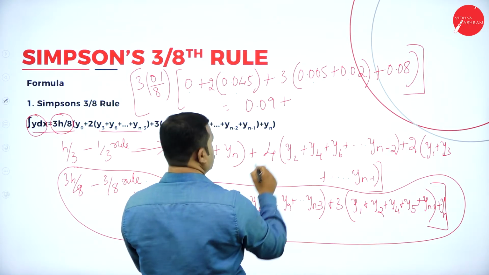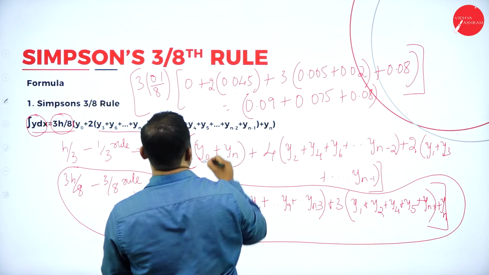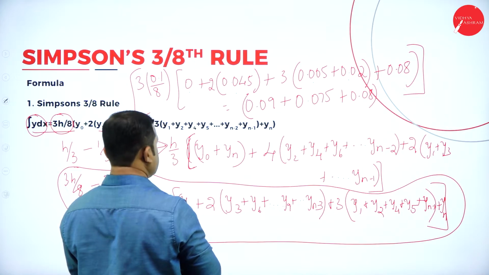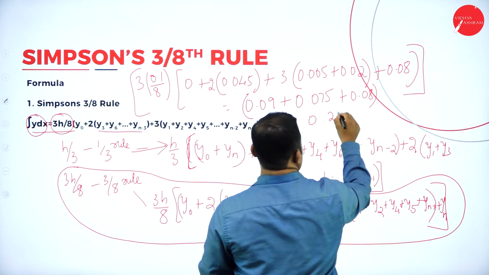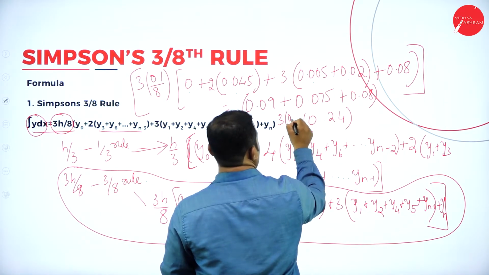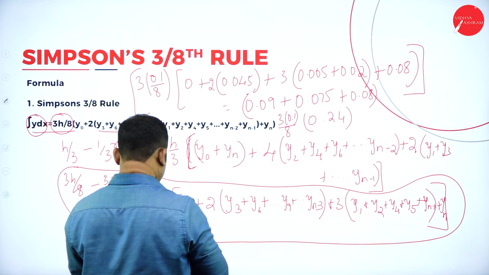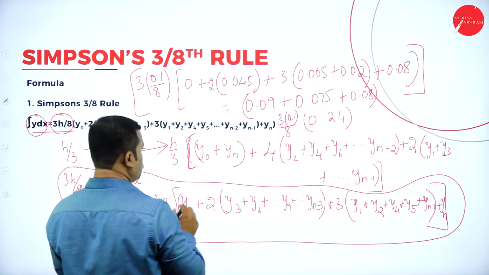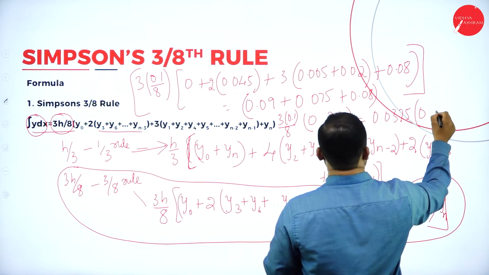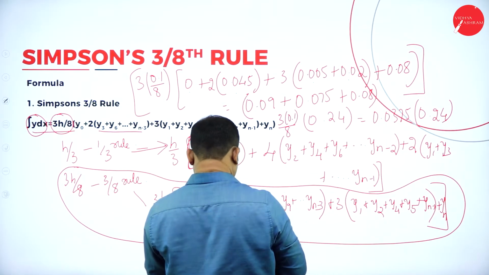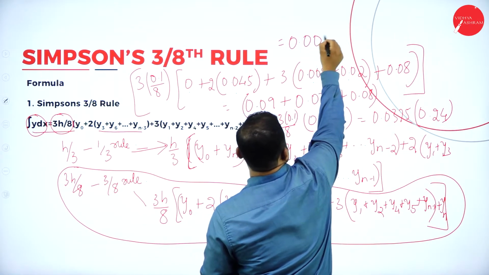That leads to the value 0.075. All these terms must be added: 0.075 plus 0.08 plus 0.09, which is equal to 0.245 into 3h by 8, that is 3 into 0.1, 0.3 divided by 8, that is 0.0375. So 0.0375 into 0.245 is equal to the answer, 0.009.